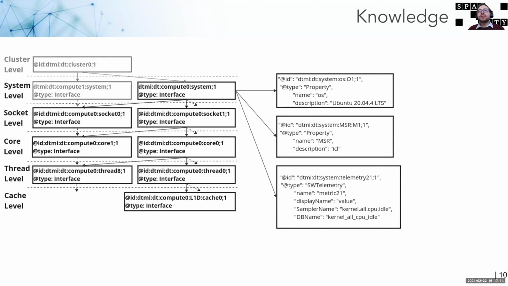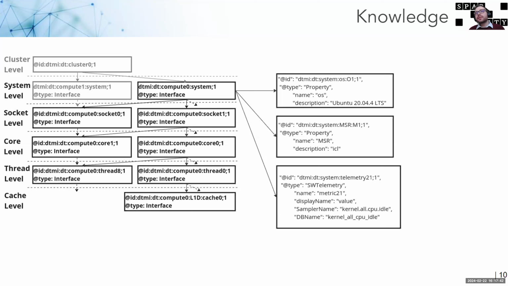So here we are seeing some properties and telemetries that belong to different levels from the knowledge base. We are seeing here some contents of the system interface, which is the most general interface below the cluster level knowledge base.